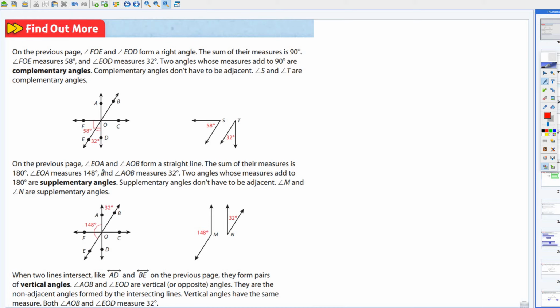On the previous page, also, angle EOA and angle AOB form a straight line. EOA, right here, and in a different color, AOB, this one right here. The sum of their measures is 180 degrees.